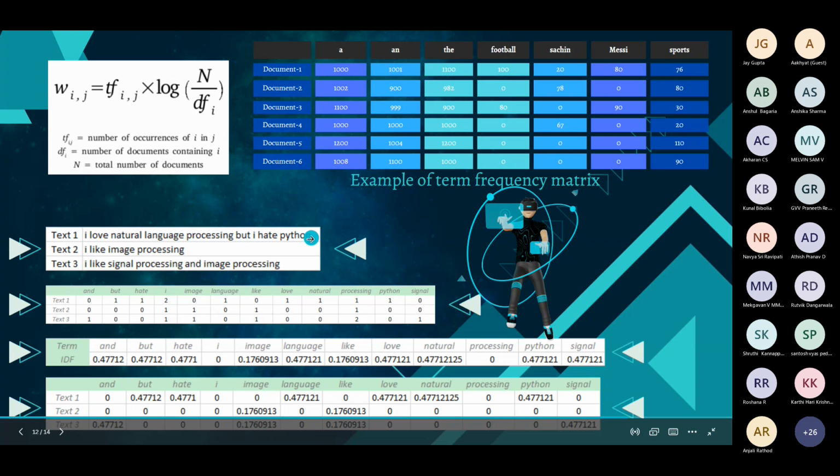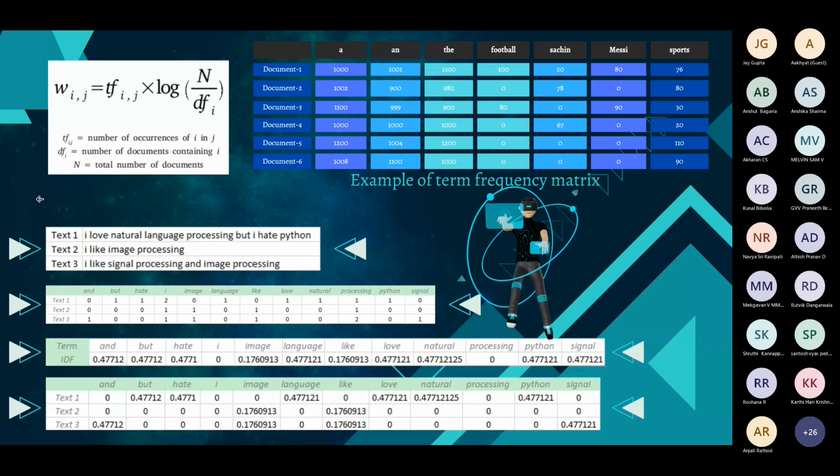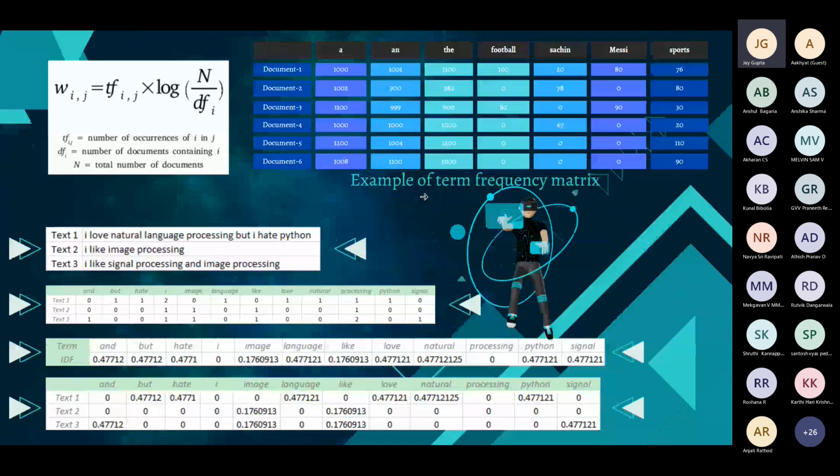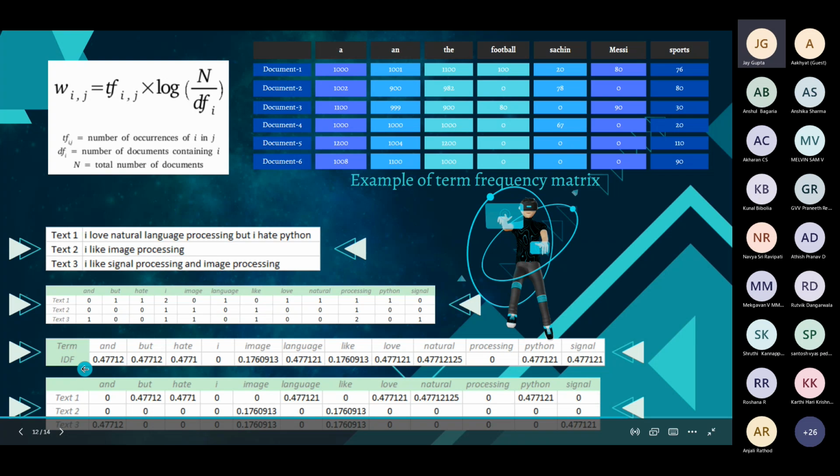Now, inverse document frequency is given by N divided by DF_i. N is the total number of documents, and DF_i, for the i-th word, is the number of documents containing that word. If the number of documents containing the word is more, this value will be less, but if the number of documents containing the word is less, this value will be more.